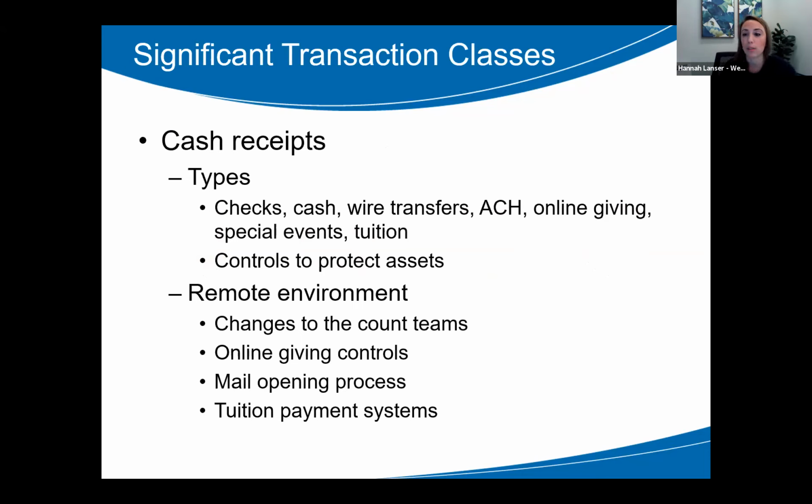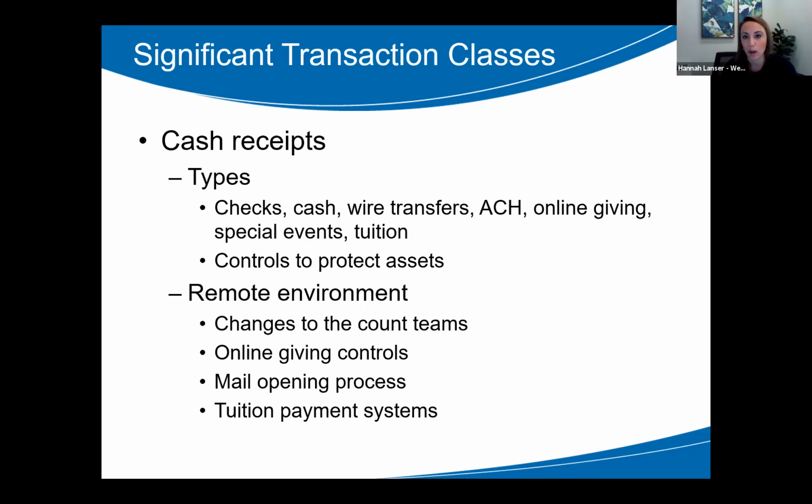So the goal with cash receipt controls is to protect your cash, and that includes checks, online giving, tuition, things like that. So if you have count teams that are not operating and you have staff, make sure there are multiple staff and that they are still filling out count sheets right now. That's still important. Increasing your online giving controls.